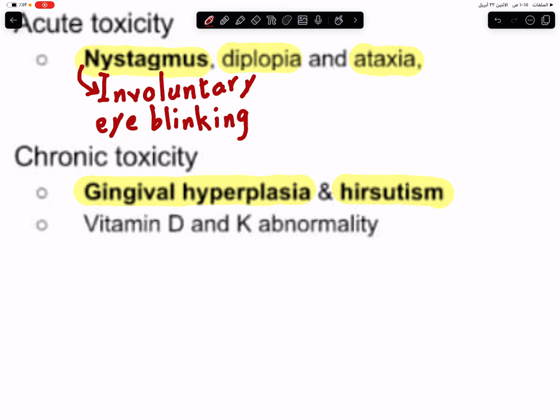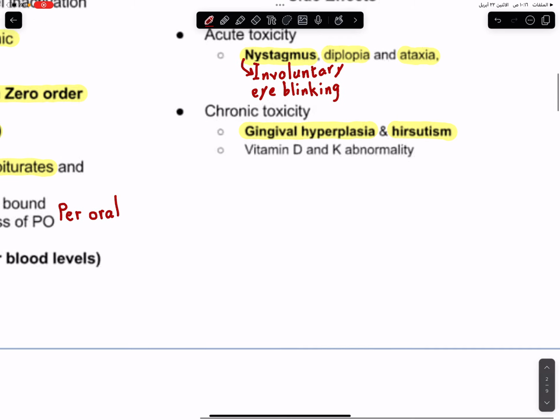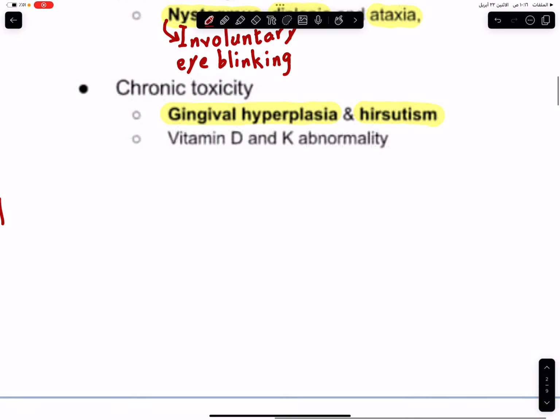And we know we use it for longer duration, because epilepsy is a lifetime problem. Sometimes it is so severe that we not only stop the medication, phenytoin, but the dentist also needs to remove the overgrown gingiva from the teeth.